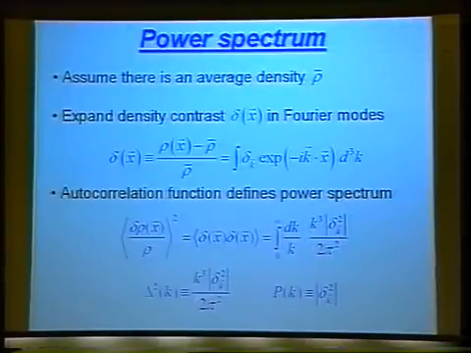So if this is large for a given value of k, it means that for that value of k, there is a lot of structure in the universe. So this is the power spectrum, or sometimes the power spectrum is just described as delta of k squared.